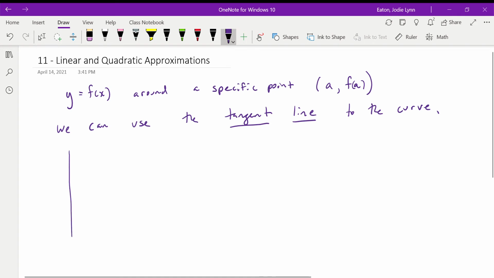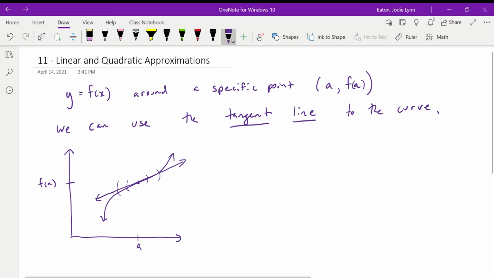So if we draw a graph of f of x, and we have a lovely, beautiful f of x here, let's say we have a point A. And if we draw the line tangent to f of x at A, we can see, so this is at f of A. So if we look at this tangent line right here, what we can see is that when we're really close, when we're in this little neighborhood around A, the closer and closer we get, the better and better approximation for the whole curve that tangent line is.